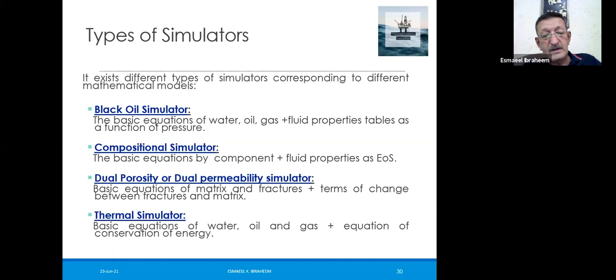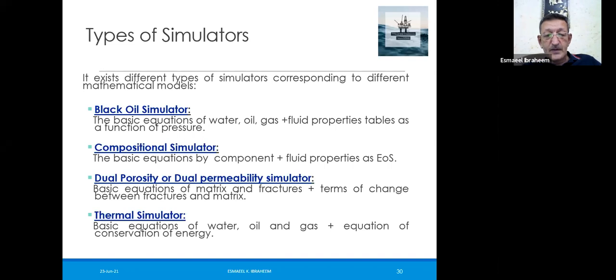There is the black oil simulator, with the basic equations of water, oil, and gas, plus fluid properties tables as a function of pressure. The compositional simulator has the basic equations by component, plus fluid properties as in an equation of state.